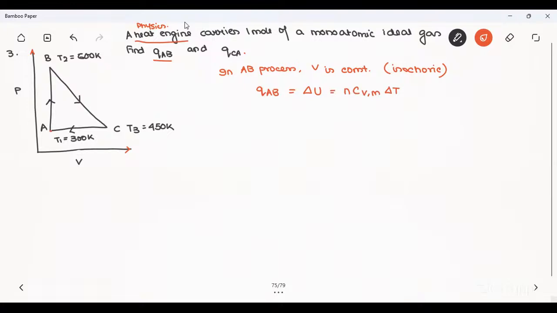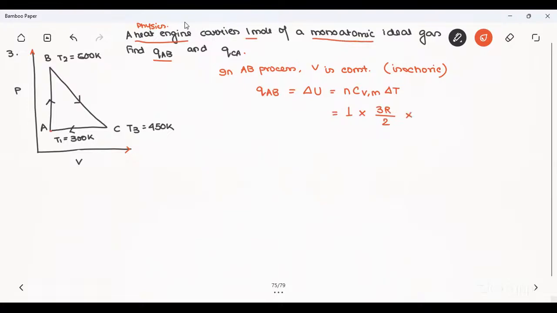So now, what is n? n is 1 mole. What is CVM? What is the value of CVM for monoatomic gases? From the chart, I'm writing it.